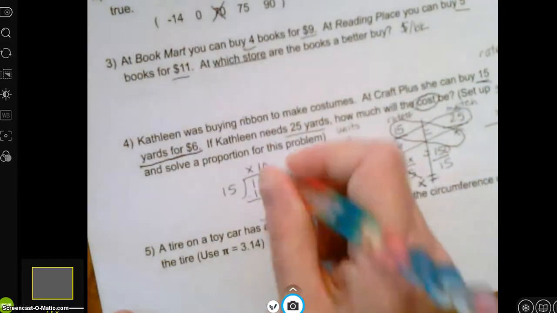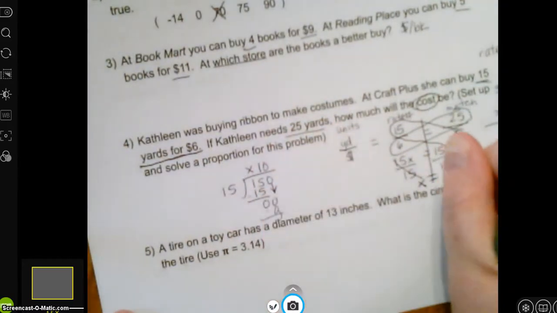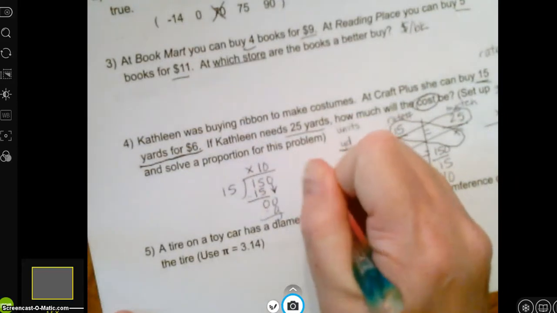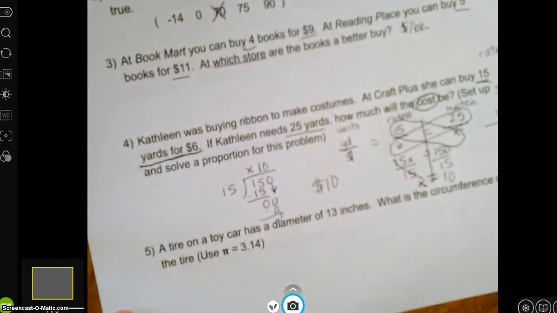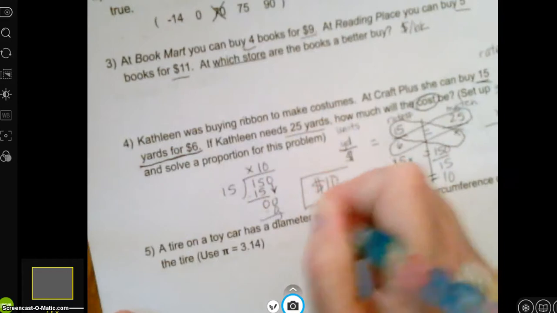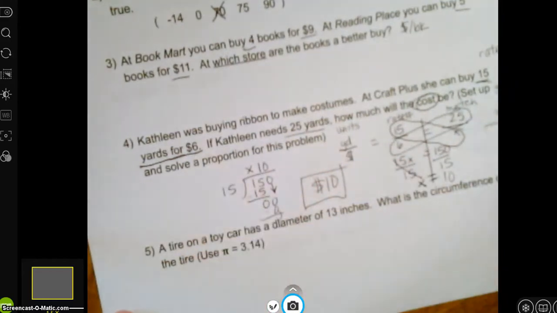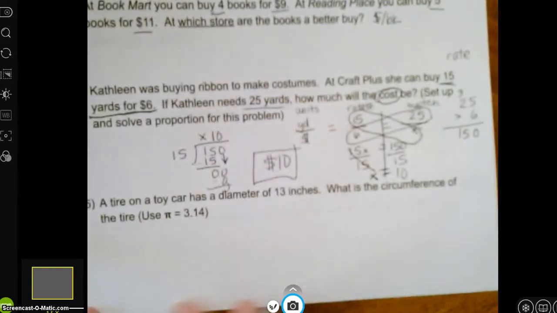Make sure you put that. Don't just put 1, okay? It's 10. So it will be $10 for the ribbon. And that makes sense. If $15 is for 6, I know 30 would be double, which is 12 if I wanted 30, but I don't need 30, I only need 25, so it's going to be $10.